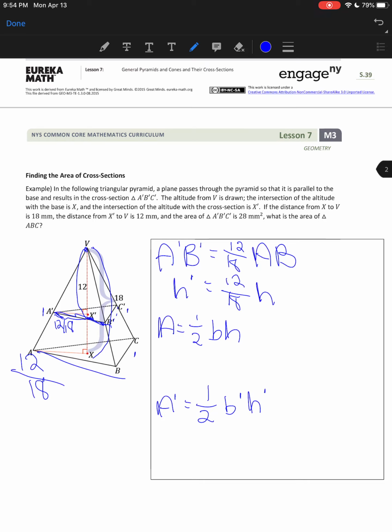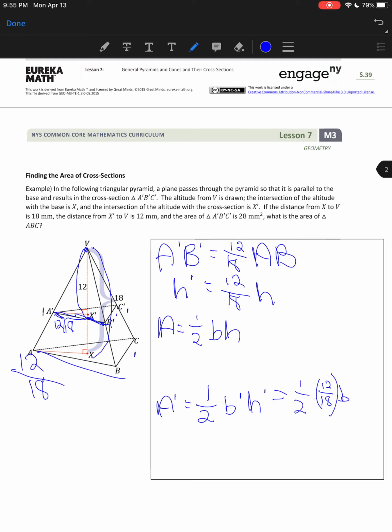So let's say the area of the top triangle equals 1/2, and then if you remember, we said the base of the top triangle is going to be 12/18 the base of the larger triangle.